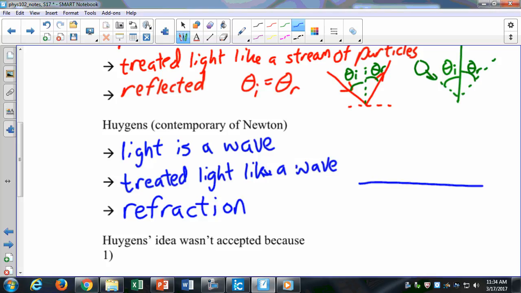And refraction is this phenomenon that when a wave passes from one medium to another, like a light ray, for example, it will bend in one direction or the other. And we see this with water waves. If you watch closely when you go out, you can see that the waves will actually bend when they go into different media in the water.